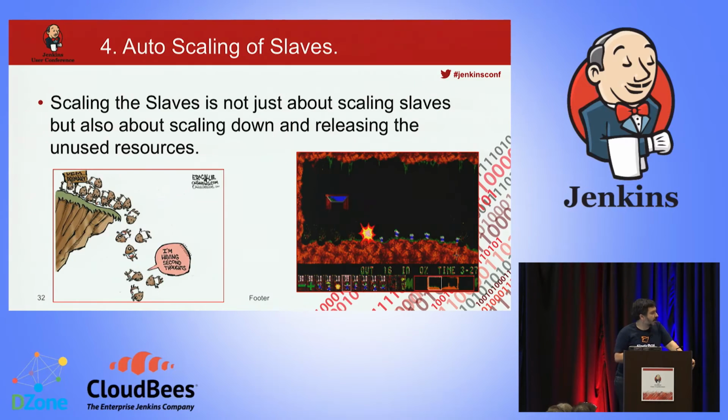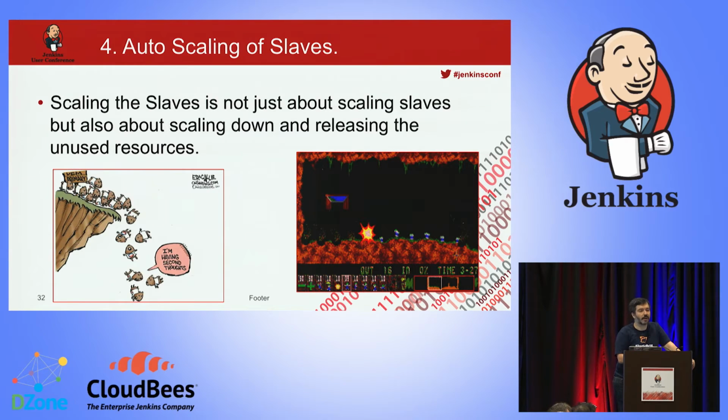Finally, the fourth challenge that we wanted to accomplish was how to deal with the scaling of the slaves. In this case, we are dealing not just with auto-scaling to spin up more slaves, basically to execute more jobs in parallel, but also with scaling down.